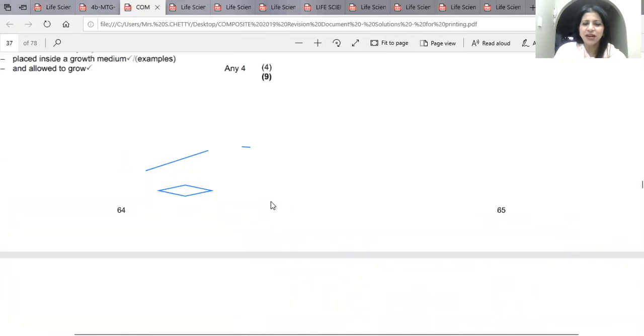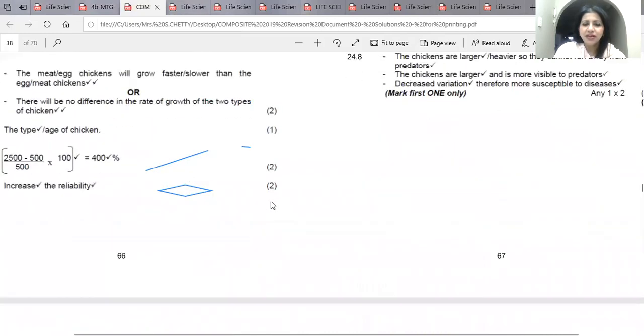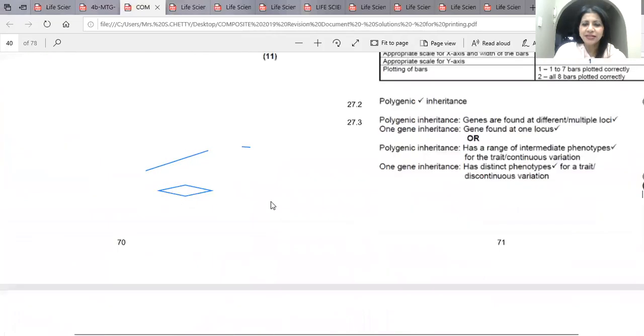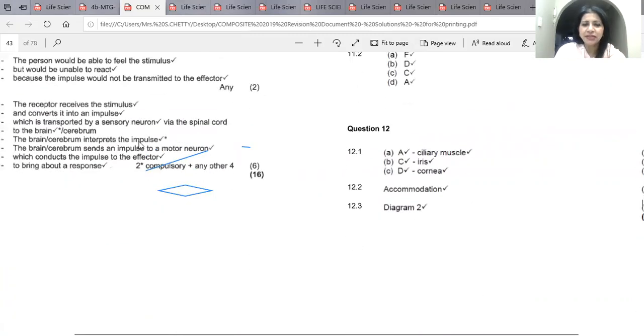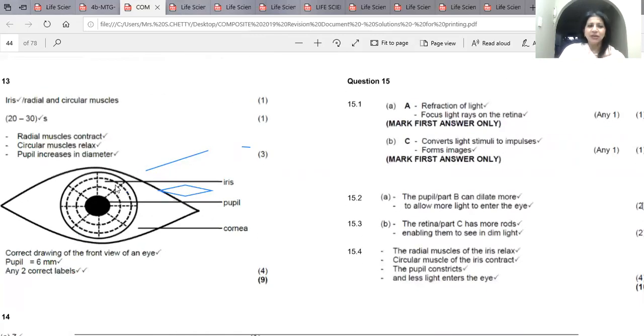Those were the answers on the previous process. So we're looking at the eye, my darlings. Can you remember that was a motor neuron, accommodation? There we go. This is the front view of the eye, as you see in person.